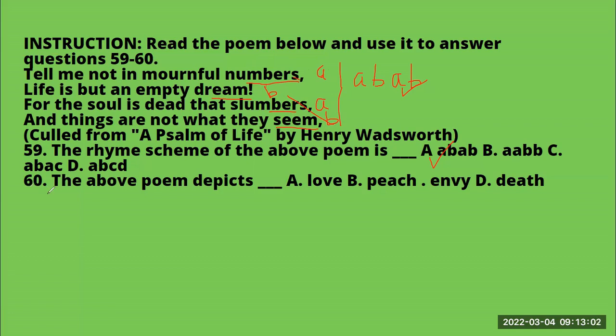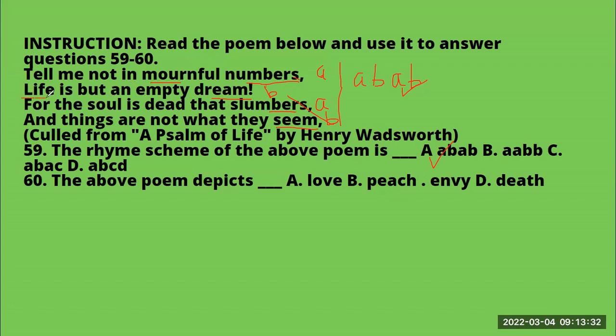Then question number 60, the above poem depicts that. To depict means to portray, to describe what the poem is all about. Is it about love? Of course not. Let's read through it again. Tell me not in mournful numbers. Now, this word mournful is associated with death, right? You mourn when someone dies. Life is but an empty dream.